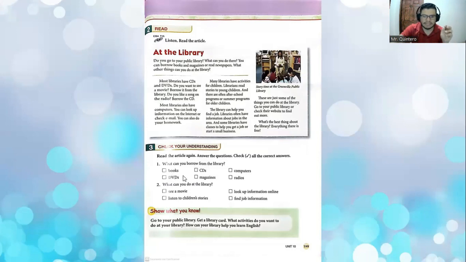Books, DVDs, CDs, magazines, computers, radios. What can you do at the library? See a movie, listen to the children's stories, look up information online, find job information. Let's go checking them. Audio number 15.